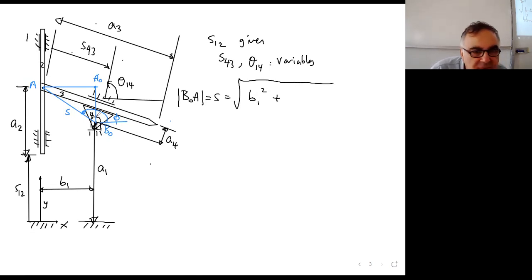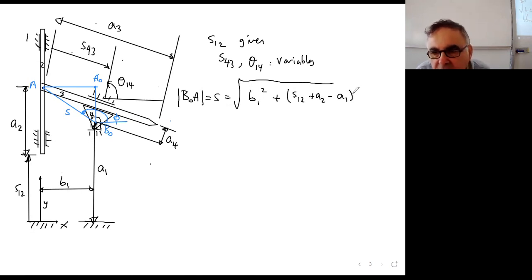A0, b0 is, where is a2, a1, and s1, 2. You have s1, 2 plus a2 gives you this whole distance. If you subtract a1 from it, you will get the a0, b0 distance. So it will be s1, 2 plus a2 minus a1, squared.